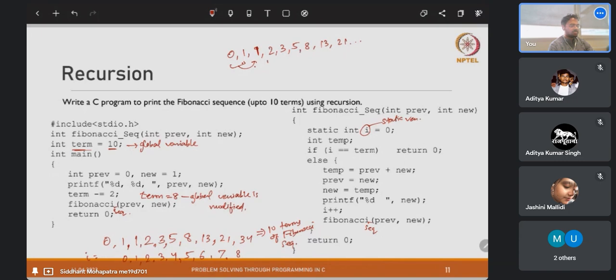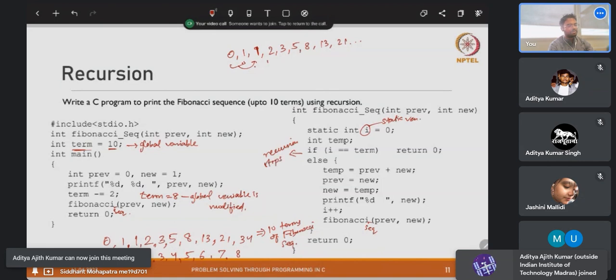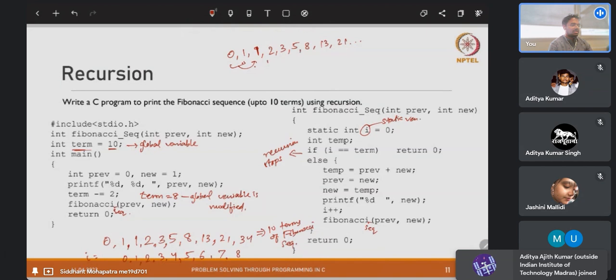So this is the condition where the recursion stops, right? This is the recursion elimination condition. That is very necessary, very important when we do recursion. There should be a condition to eliminate the recursion at some point.